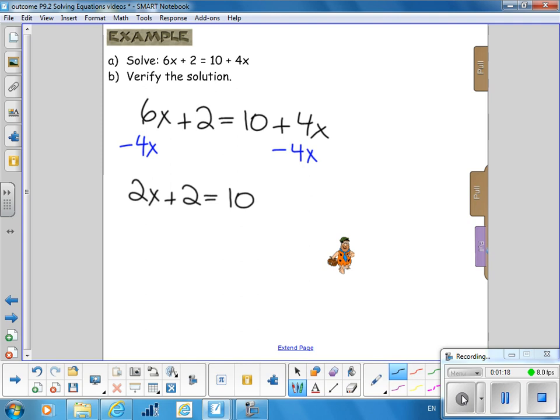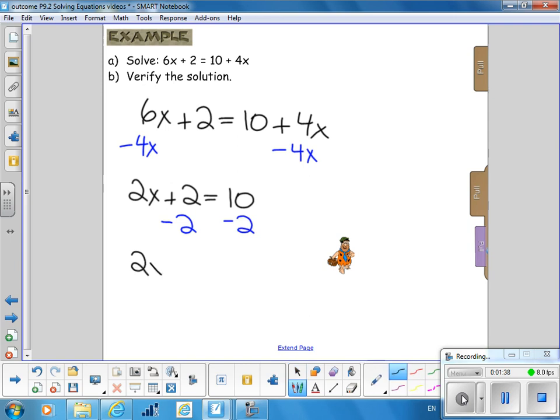It's gone. Now we are back to a basic equation that we have been solving before, where the variable is just on one side. So we use inverse operations. We need to move that positive 2. The inverse of adding 2 is subtracting 2. And what you do to one side, you do to the other.